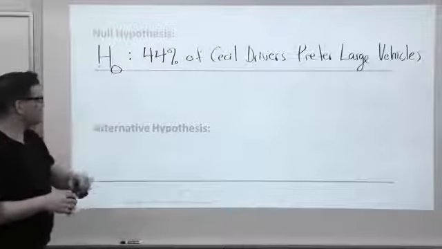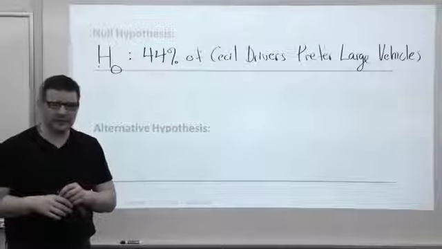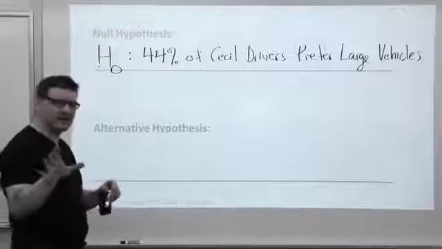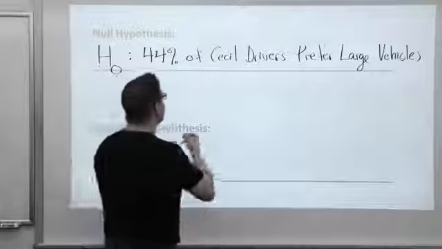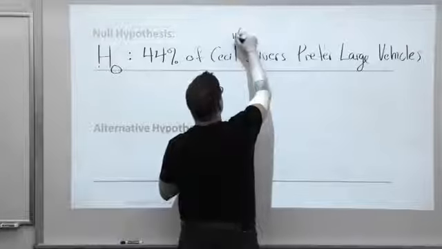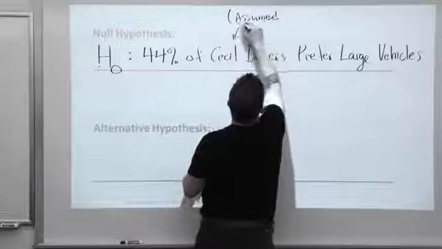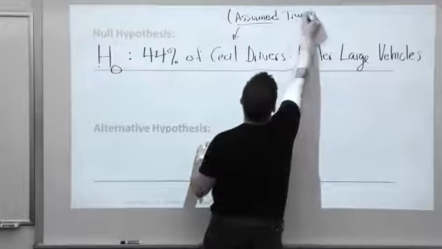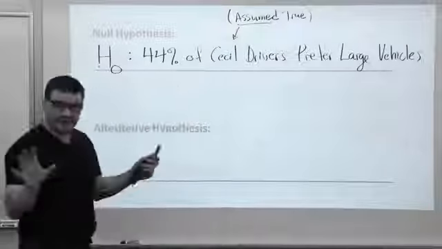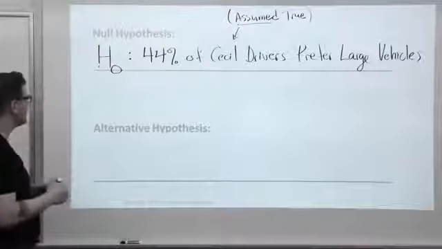So H sub 0: 44% of Cecil drivers prefer large vehicles. Let me put in parentheses, it's not part of the hypothesis, but this is assumed true. Assume is sort of a big word, right? But to start this process, this is assumed to be true here at Cecil College.